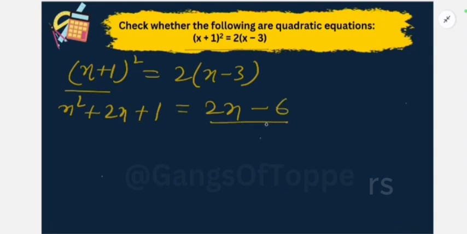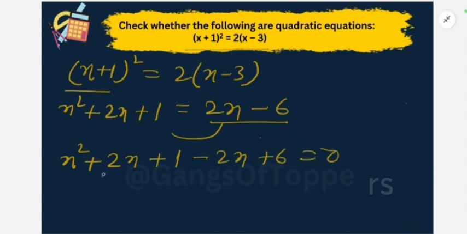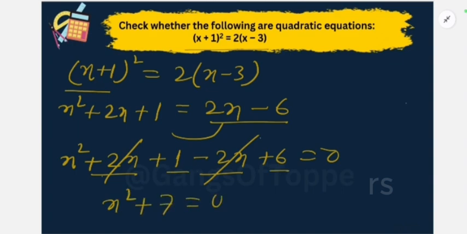Now shift the RHS to the left side and it becomes x square plus 2x plus 1 minus 2x plus 6 equals to 0. Here plus 2x and minus 2x will cancel and we get x square plus 7 equals to 0.